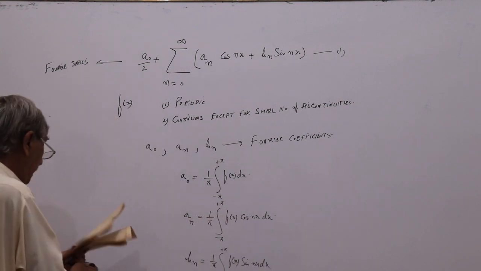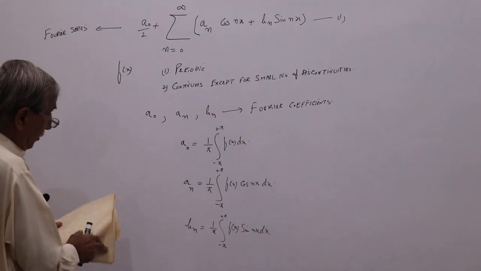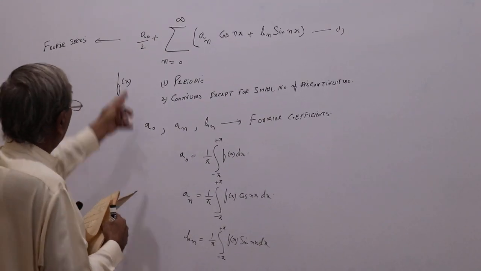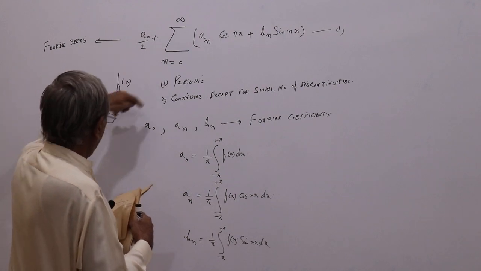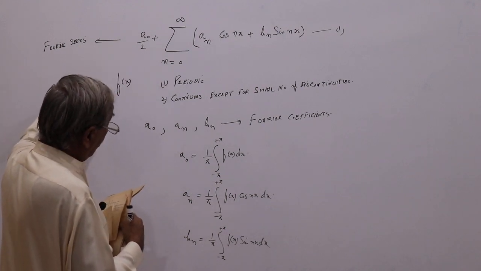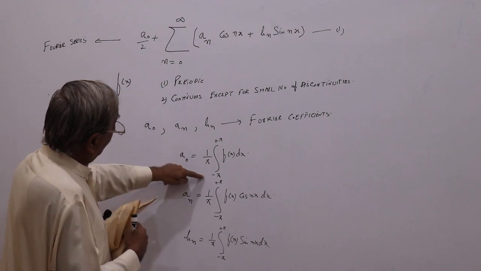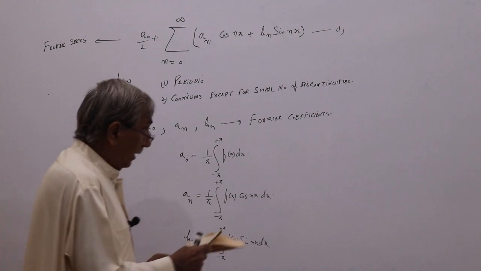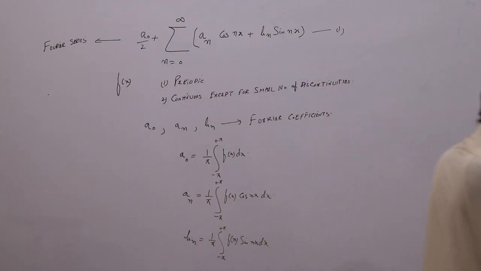These are the three coefficients, provided that the period of the given function is 2 pi, that is, minus pi to plus pi.